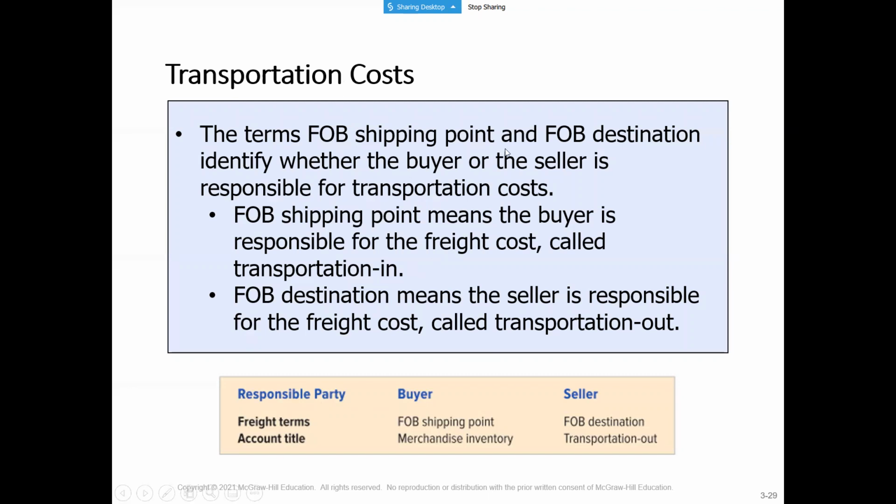The terms FOB destination and FOB shipping point identify whether the buyer or seller is responsible for the goods. If a buyer purchases goods FOB shipping point, the transportation costs are on the buyer. They have to pay for those goods to be delivered to their location, and that would be part of the cost of their own inventory.